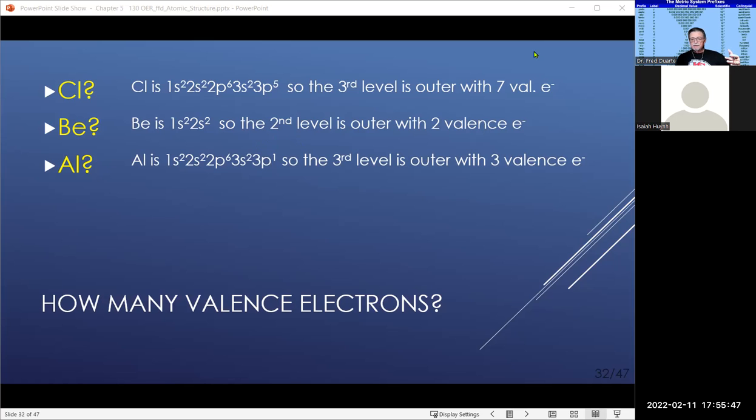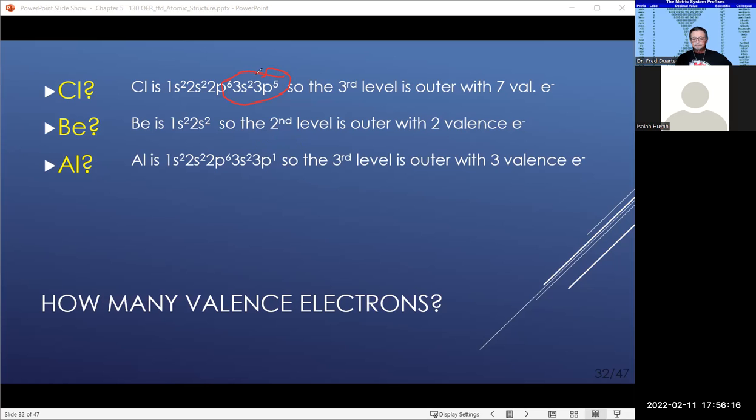Of those 7 valence electrons, which are denoted right here, 2 of them are in the s orbital and 5 of them are in the p orbital. Chlorine has room for 1 more electron. It's a nonmetal. It will pick up 1 electron and put it in the 3p orbital and become a -1 charge.